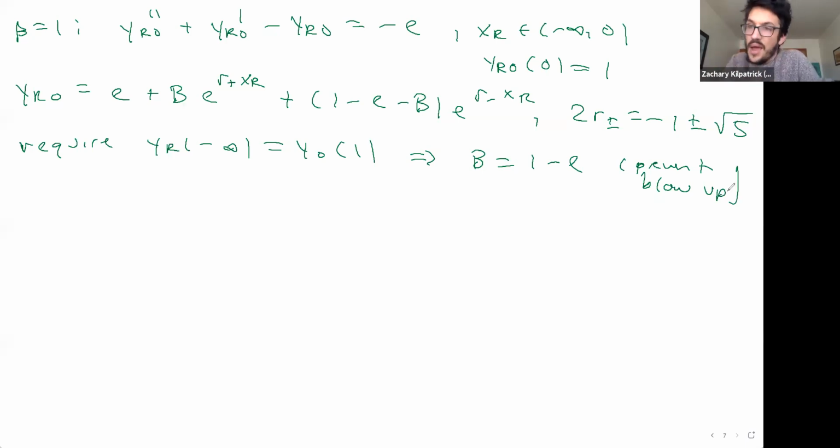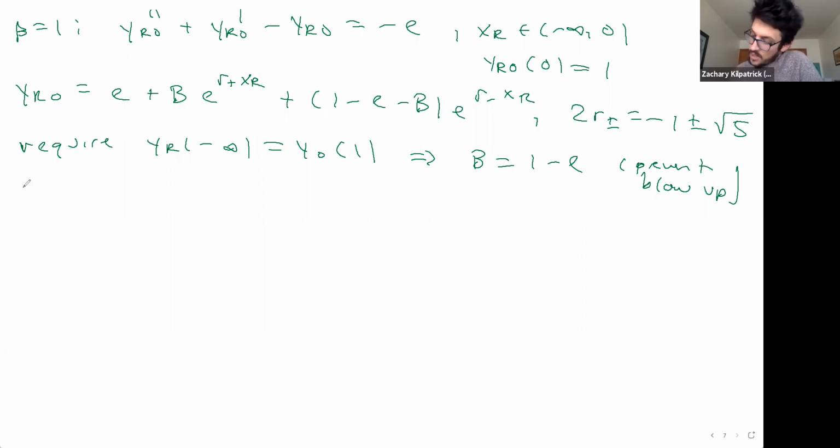And you'll notice that it seems fortuitous that all I have to do is prevent this blow up, and maybe by happenstance I get the matching that I need along that boundary. So that works out well, okay? But that's because we chose the right distinguishing limit.